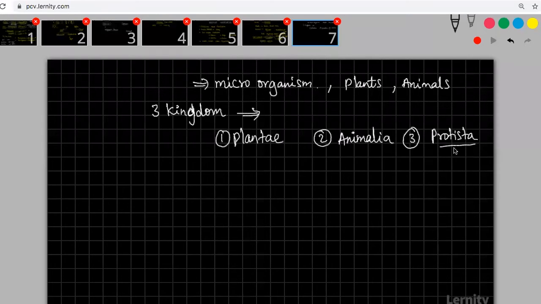In Protista, they tried to keep all the unicellular organisms. Okay. So they were trying to say that Protista is unicellular organisms, and Animalia will include all the multicellular organisms which are heterotrophs.